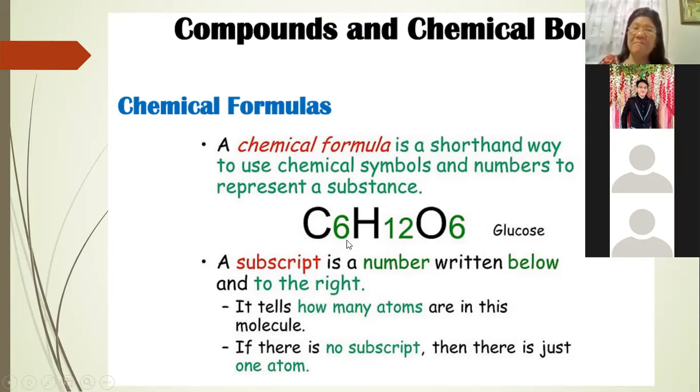Meaning your carbon has 6 atoms, your hydrogen has 12 atoms, and oxygen has 6 atoms. So these are your elements, carbon, hydrogen, oxygen. The subscript there will tell you the number of atoms. That is how to write a chemical formula.